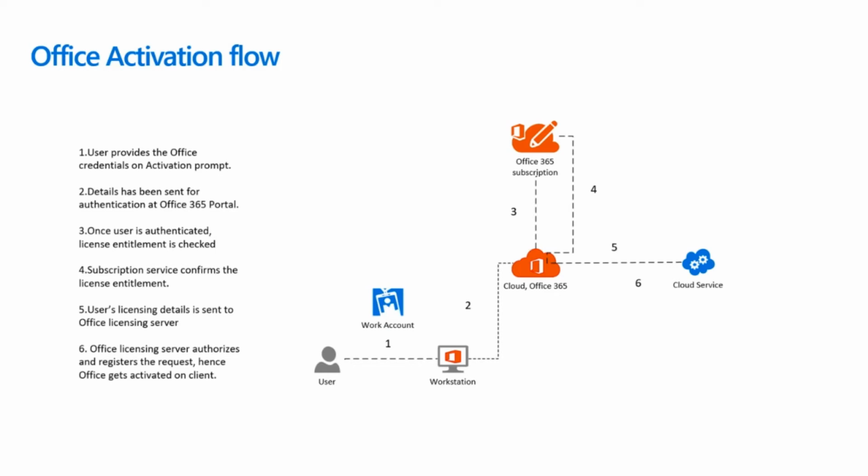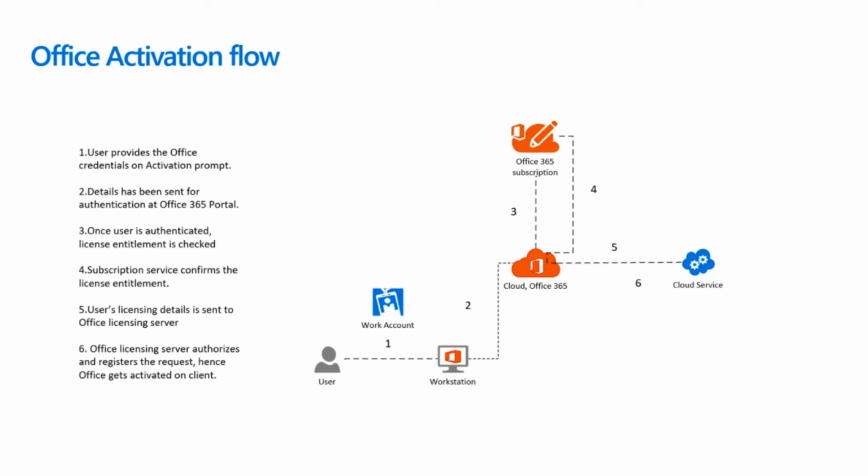There, these details are again verified, and the subscription service checks if this user has the correct license that this user claims to have. So the license entitlement check is done, where the subscription service confirms if this user has a valid license.